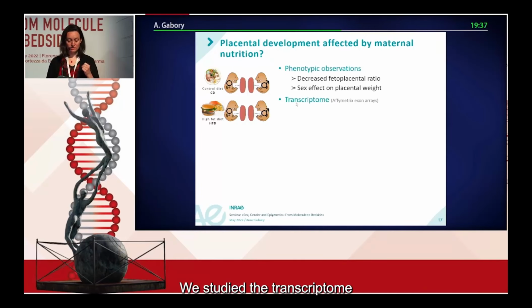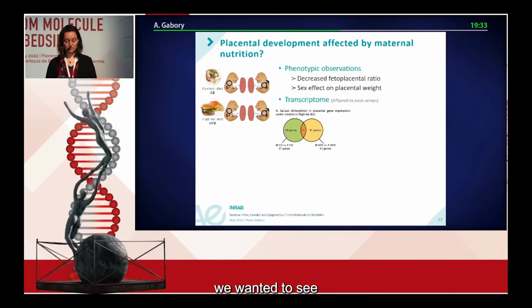We studied the transcriptome of those placenta, and first we wanted to see whether there were differences between male and females. And we studied here in green the male and female differences in the placenta, and actually male and female placenta do not have the exact same transcriptome. And there are almost 100 genes in our study that were differentially expressed between male and female placenta.